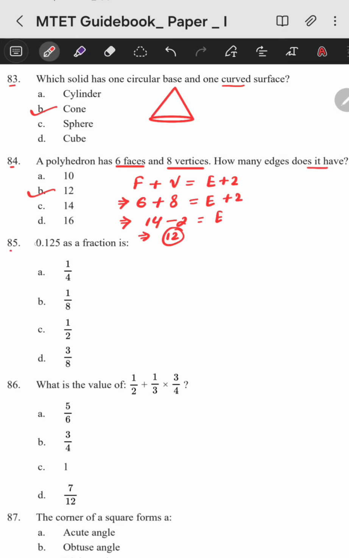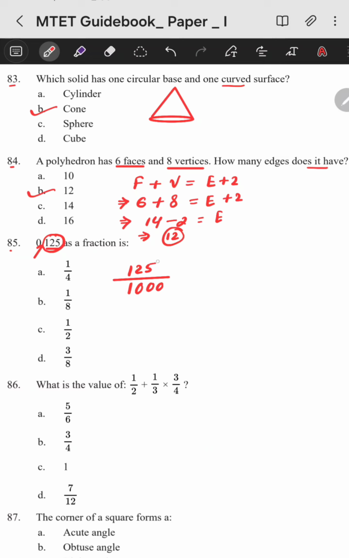Next question number 85, they ask here, 0.125 as a fraction. So how to convert? First of all, you write the value after the point, that is 125, the three digits on the right side. So you write 125 in the numerator, and in the denominator, for the point we write 1, and then since there are 3 digits, we give 3 zeros.